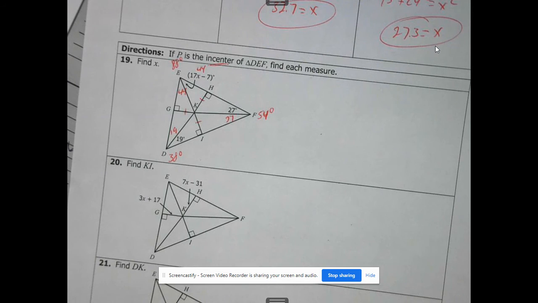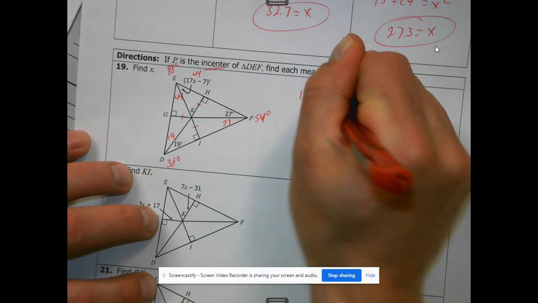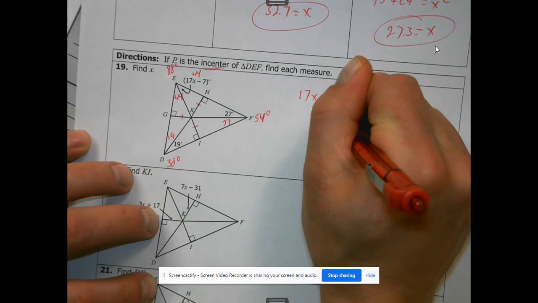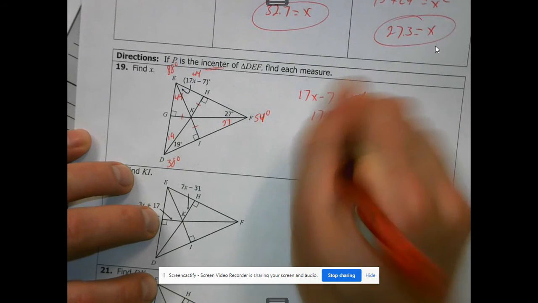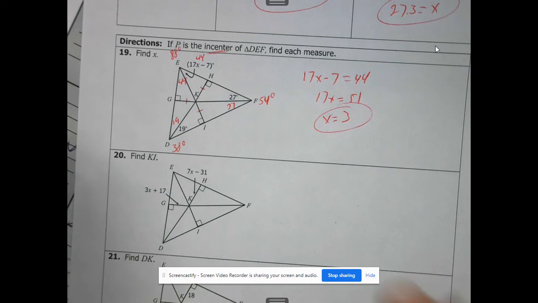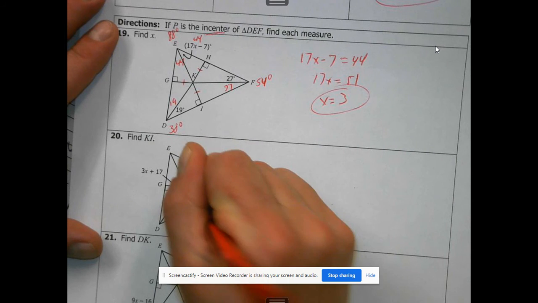So simply, I just set this equal to 44 and solve. 17x minus 7 is 44. Add the 7 over. Gives me 51. 17 goes in there 3 times. Next up, K to I. So real quick, just remember, all these pieces are congruent. So K to I is the same.